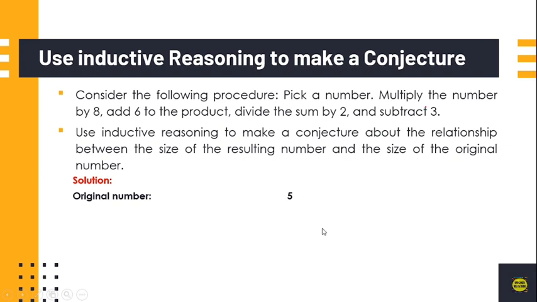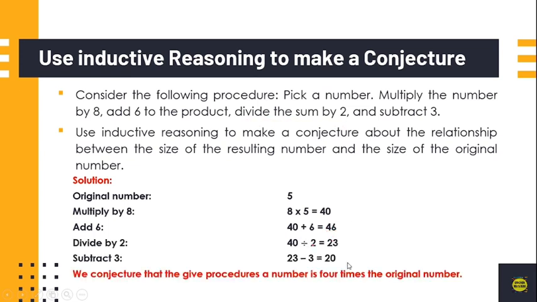Multiply 5 by 8: 5 times 8 is 40. Add 6 to the product: 40 plus 6 is 46. Then divide the sum by 2: 46 divided by 2 is 23. Then 23 minus 3 is 20.